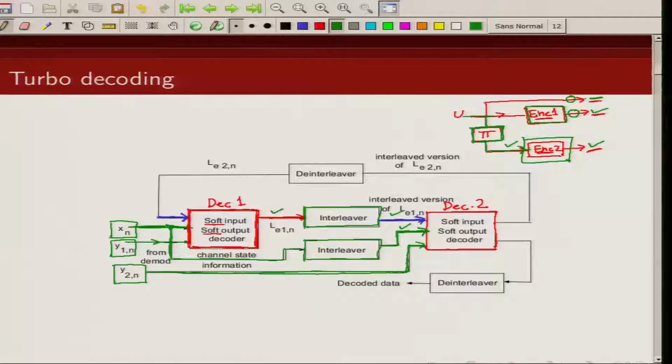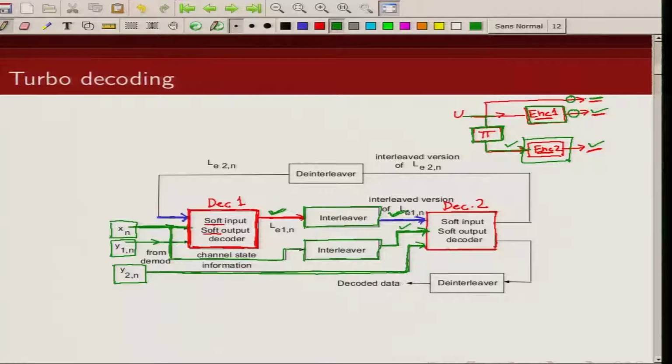So the estimates that decoder 1 gives about the information bits have been interleaved and sent to decoder 2. This is to maintain the same order of information sequence as being received by decoder 2. Because the information sequence here is an interleaved version of the information sequence here, we are going to use this interleaver.